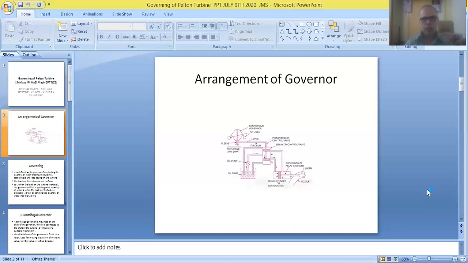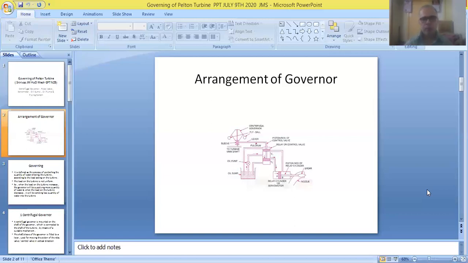For controlling the speed of the generator, we have to control the speed of the turbine. And for controlling the speed of the turbine, we have to control the quantity of water that is entering the turbine. So this is called governing of a turbine. Therefore, it is defined as a process of controlling the quantity of water that is entering the turbine.